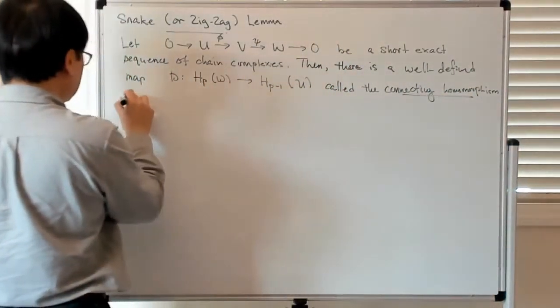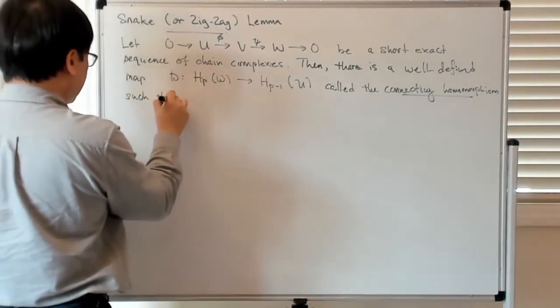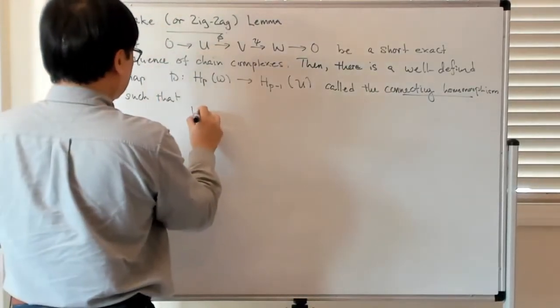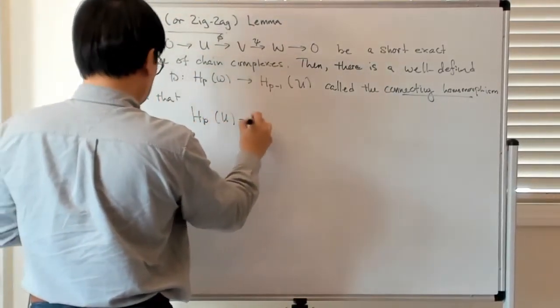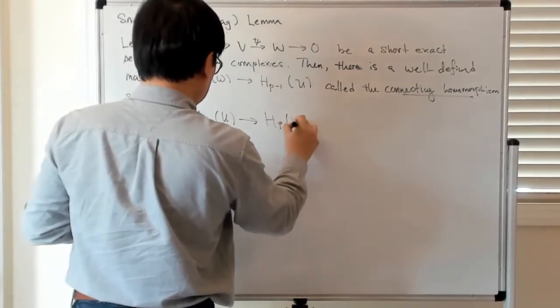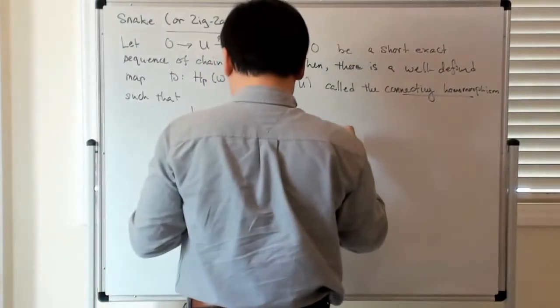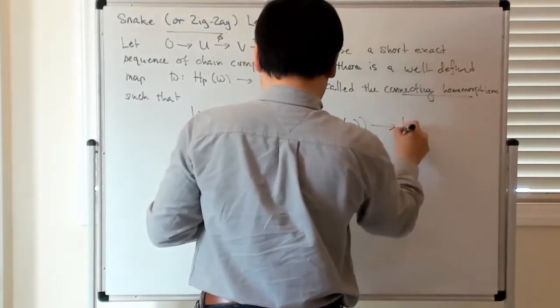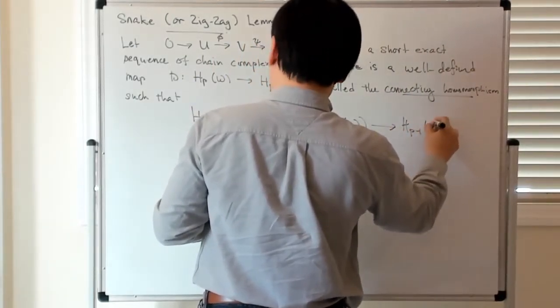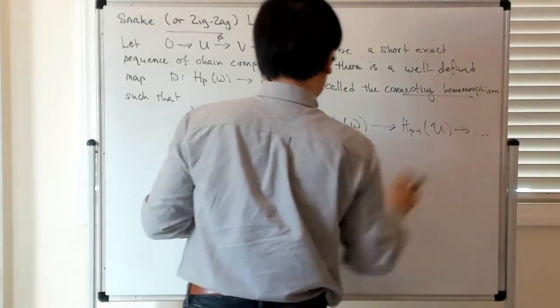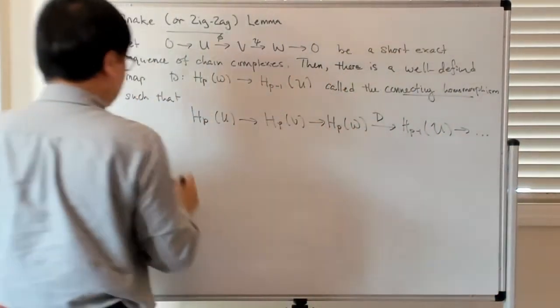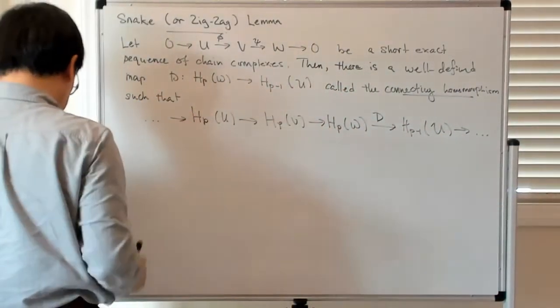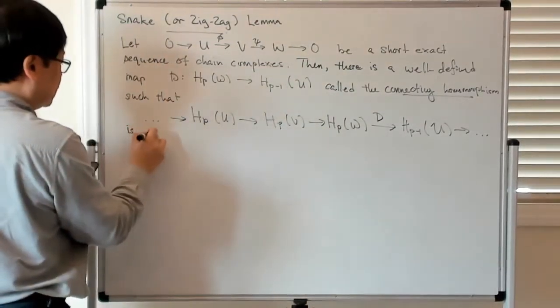Such that H_p U, H_p V, H_p W, H_{p-1} U, and so on, where this is the D map, the connecting homomorphism, is a long exact sequence.